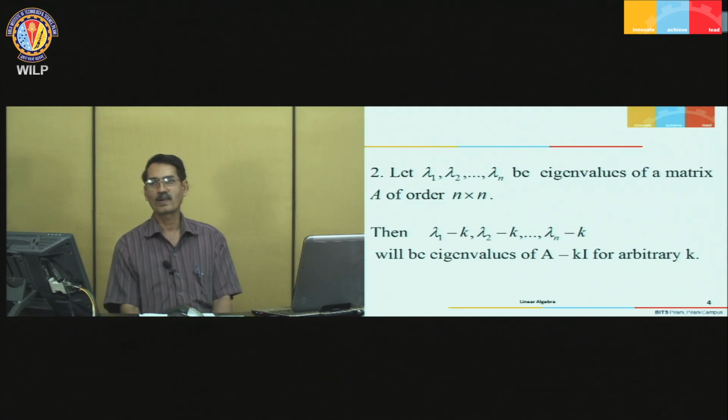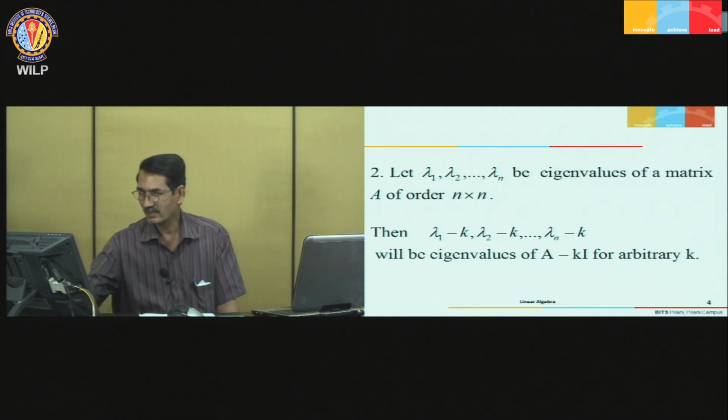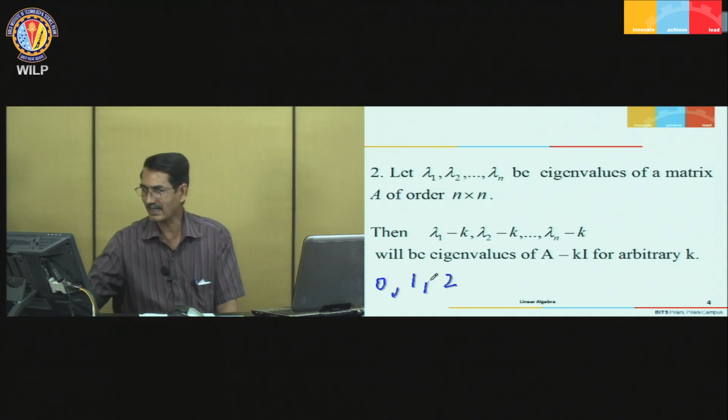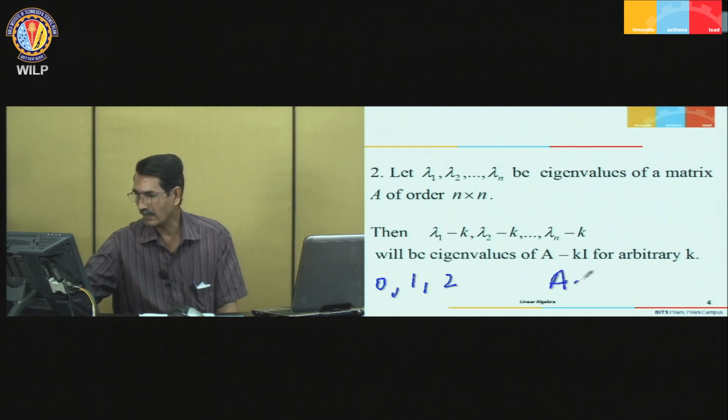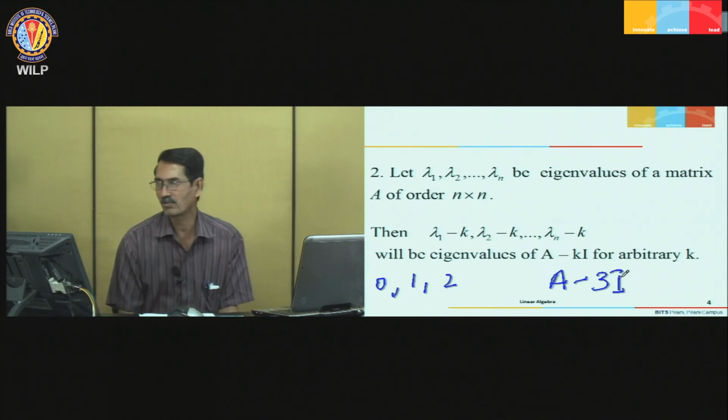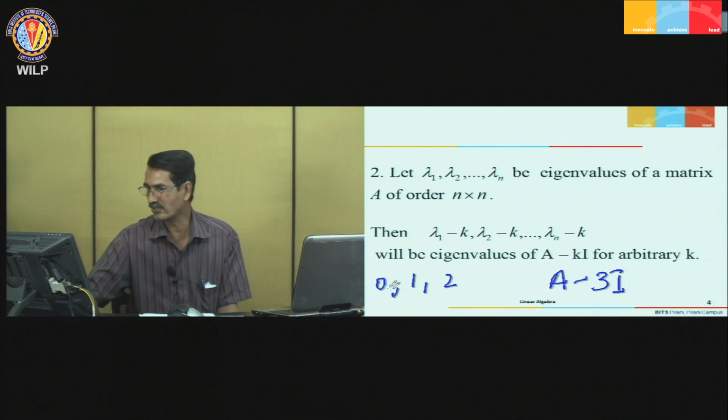Suppose that 0, 1 and 2 are the 3 eigenvalues of a 3 cross 3 matrix A. Now suppose you have A minus 3I. What are the eigenvalues of A minus 3I? It is lambda 1 minus k.